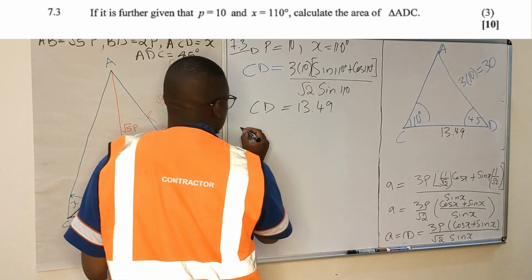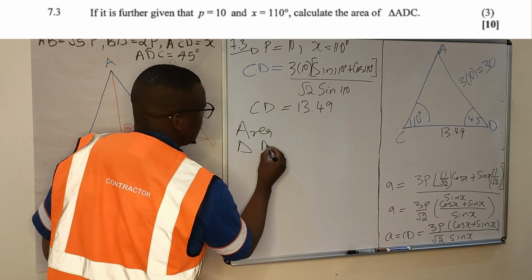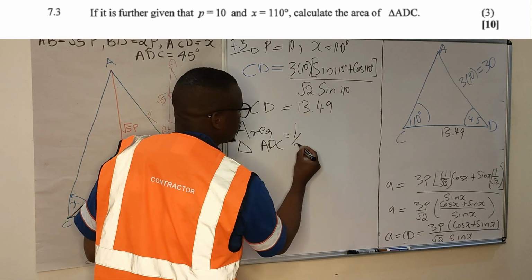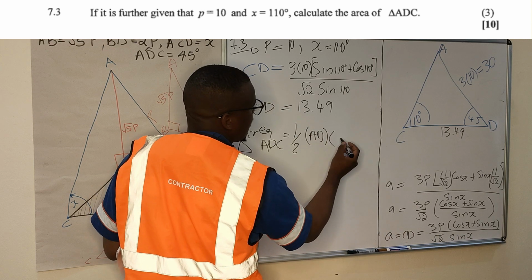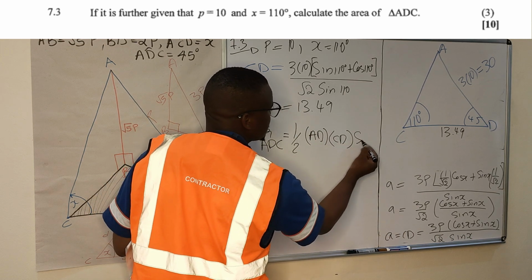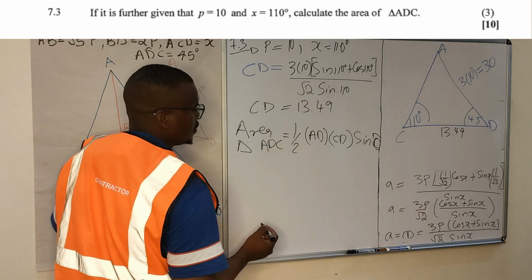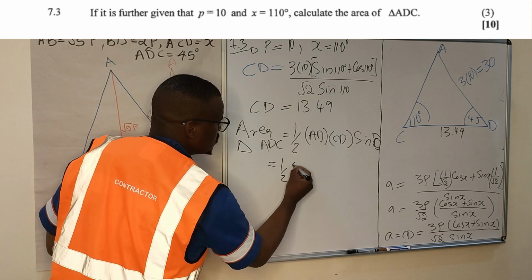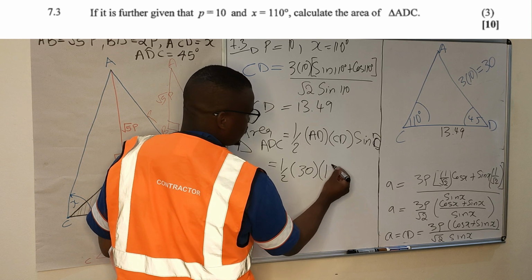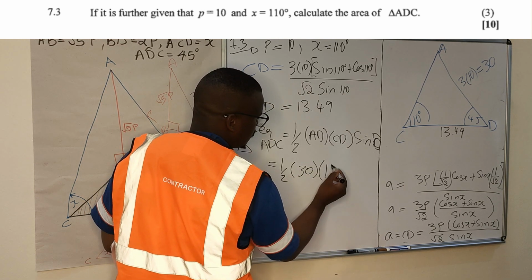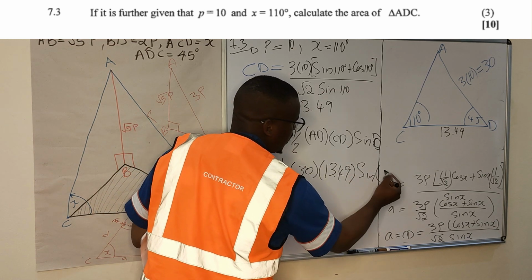So the area of triangle ADC is half AD times CD times sine angle D. So it's going to be 1 over 2 times AD, which is 30, times 13.49, sine 45.